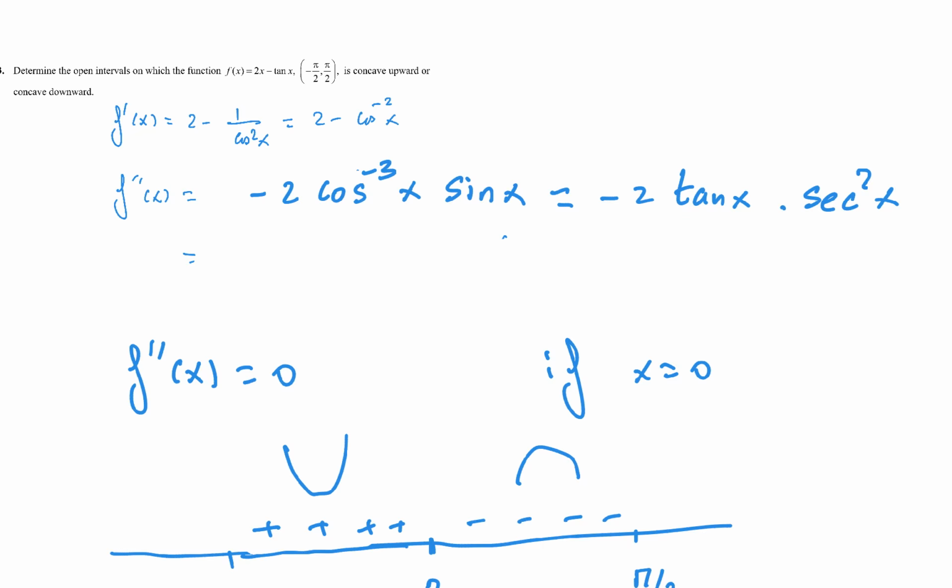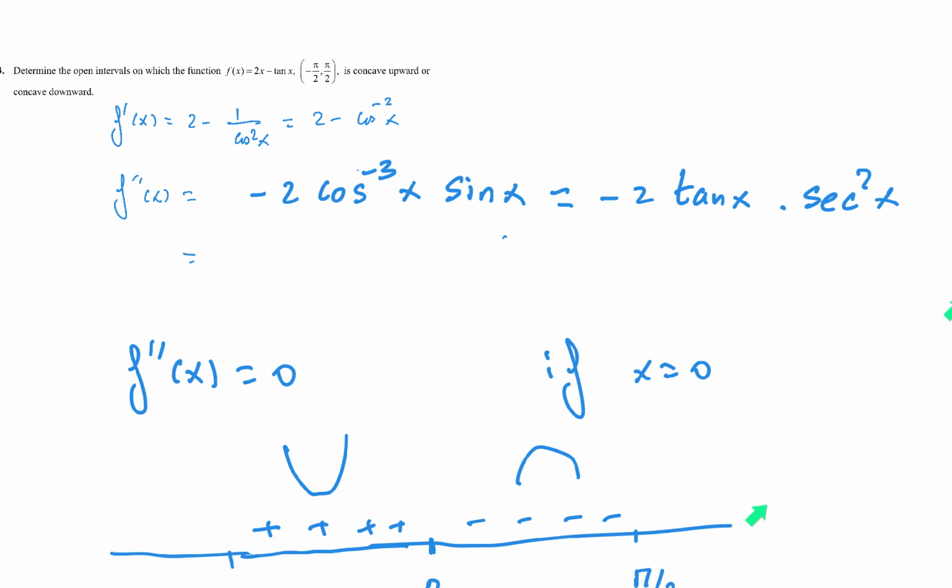So the question is when the second derivative is equal to 0, and when it's positive and when it's negative. If it's 0, you have an inflection point. If it's positive, the function is concave upward, and if it's negative, the function is concave downward.